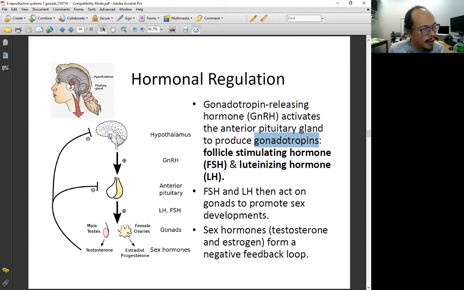This gonadotropin will act on the testicles if it's male. If it's female, it acts on the ovaries. We will learn about the ovary part when we talk about the female, especially the menstrual cycles after puberty. But in the male, it's on here. So we will learn how FSH and LH act on the testicles. How does that regulate the sex development?